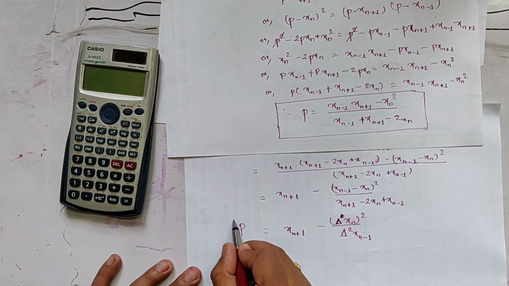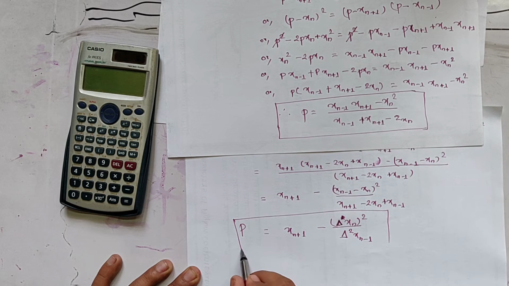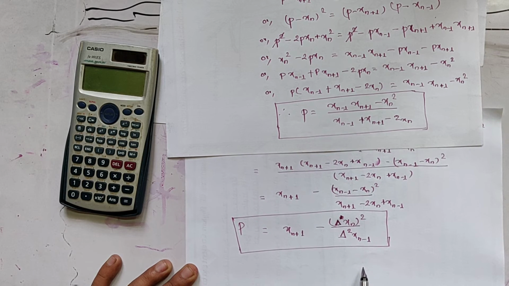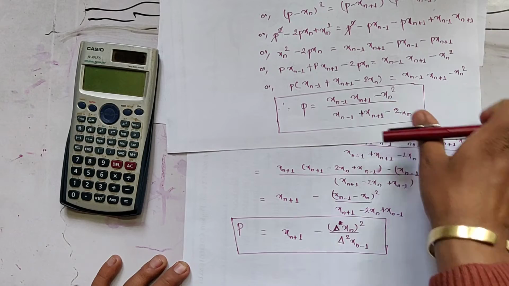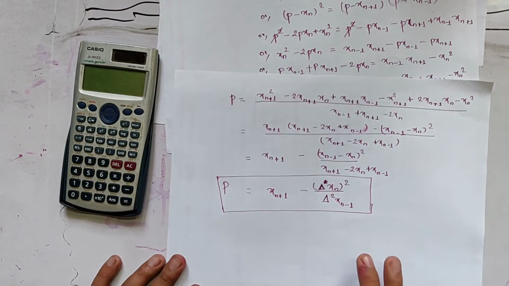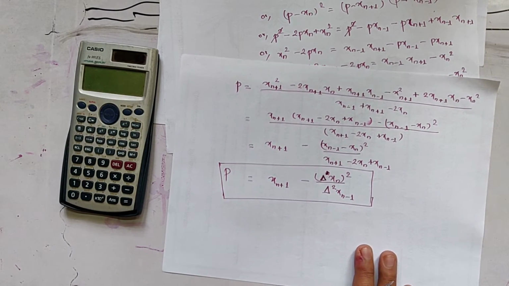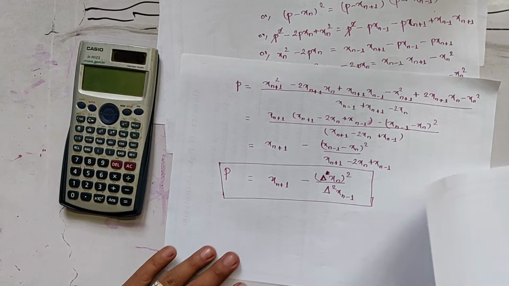So this is the simpler form of Aitken's delta square process. Now we solve the problem by both fixed point and delta square process.